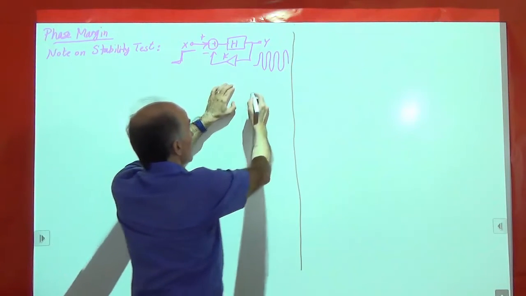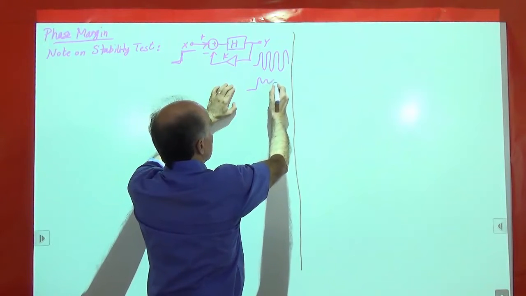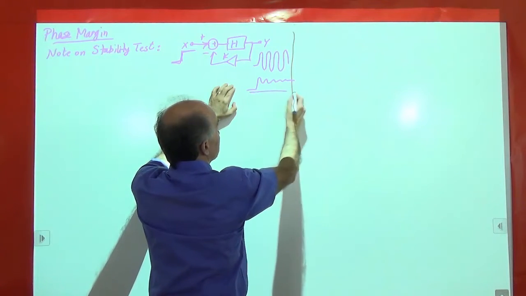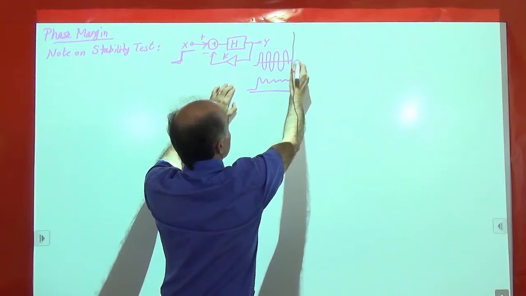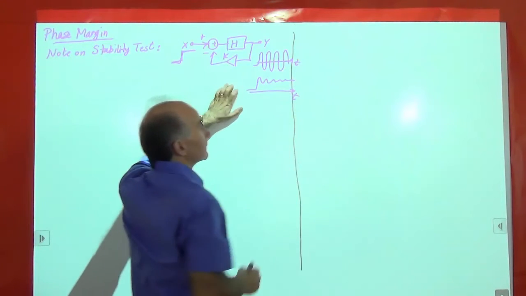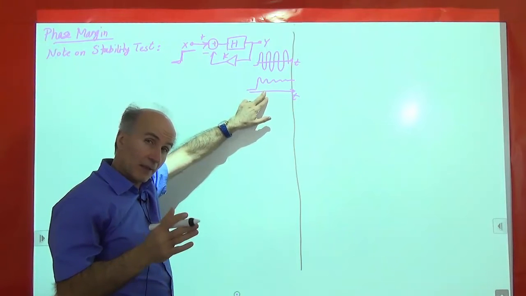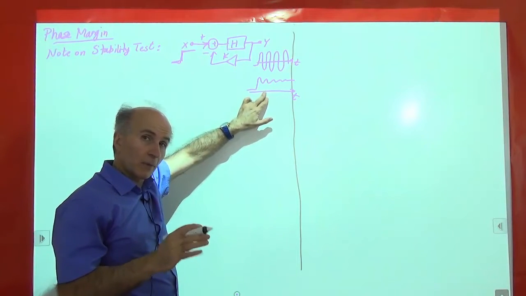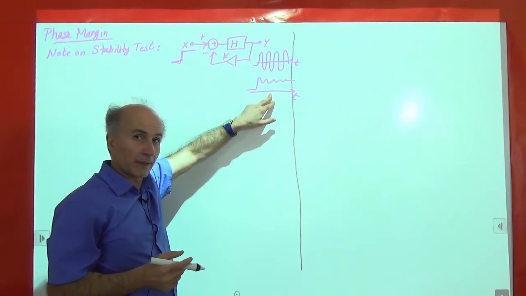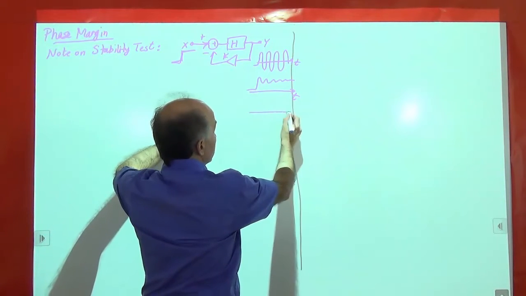Or it can do something like this, right? Which means it's not very good. It's at the edge of oscillation. It's not quite unstable, but not really reliable, right? Or it could do this.